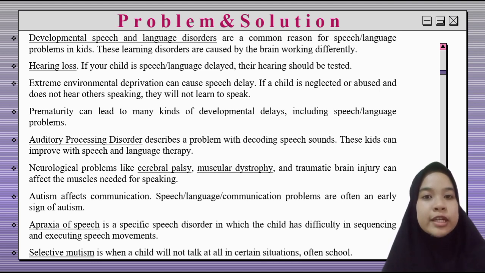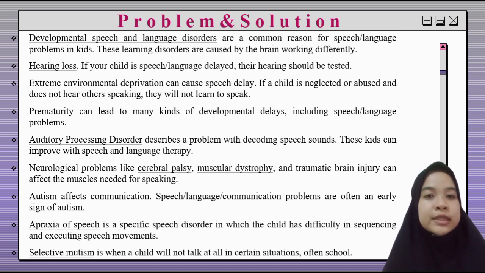Autism affects communication. Speech-language communication problems are often an early sign of autism. Apraxia of speech is a specific speech disorder in which the child has difficulty sequencing and executing speech movements.